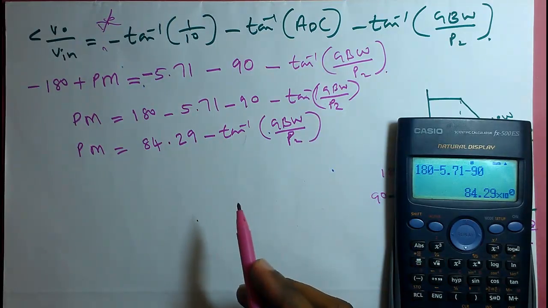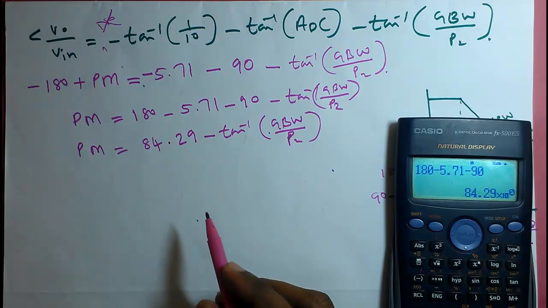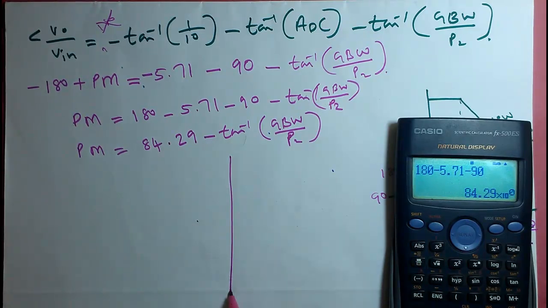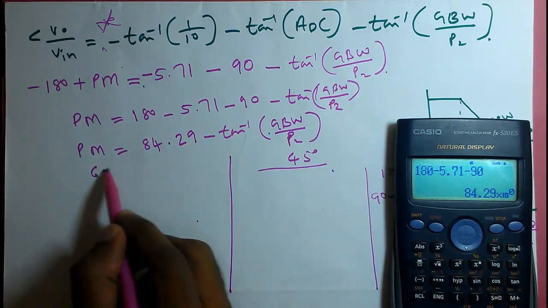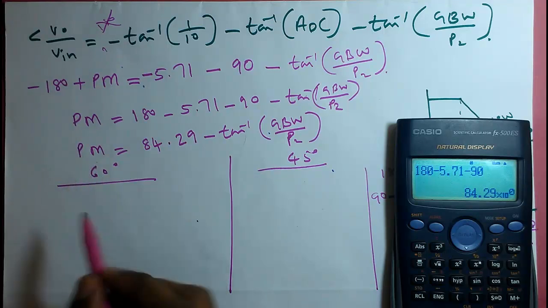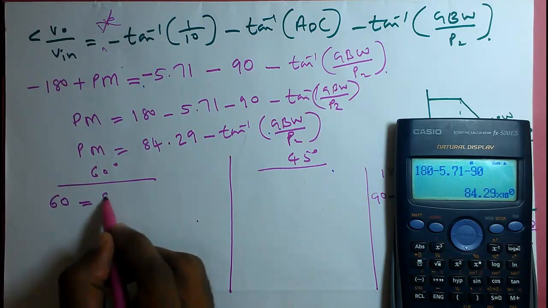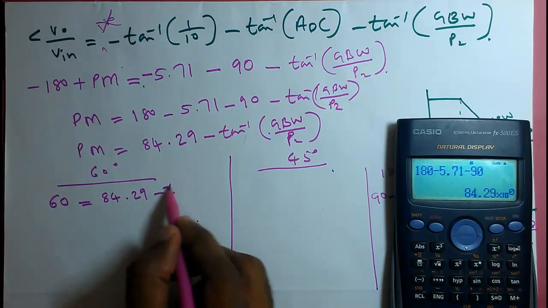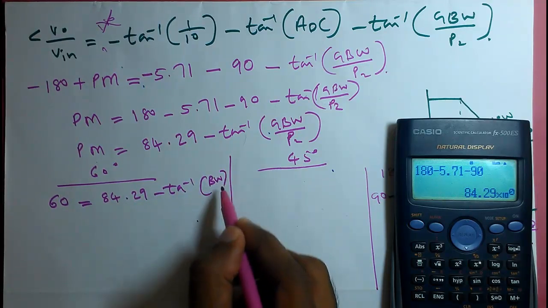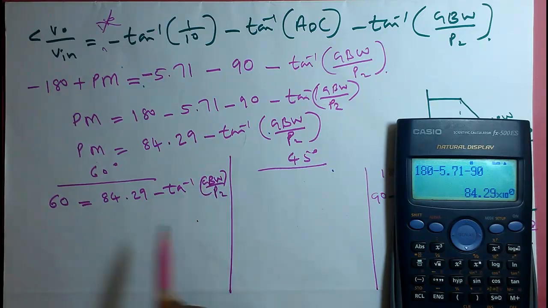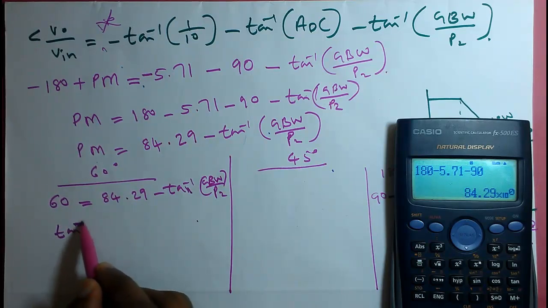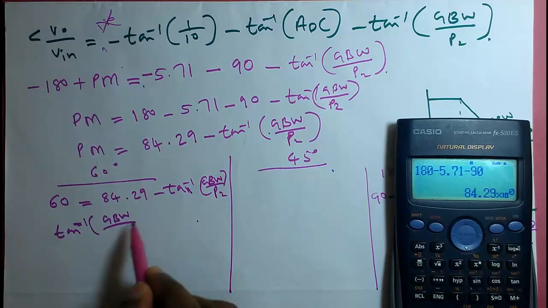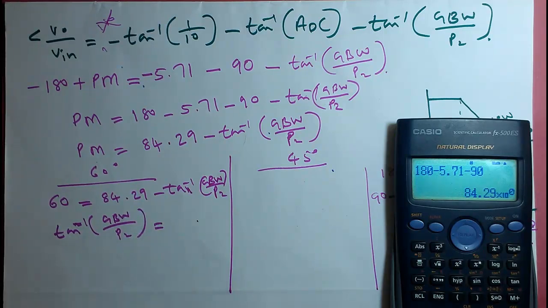Now we calculate the condition for a phase margin of 60 degrees. We will calculate that for 45 also. Here we calculate for 60 degrees. If phase margin is 60 degrees, you can put 60 equals 84.29 minus tan inverse gain bandwidth by P2. So you can take this tan inverse to this side: tan inverse gain bandwidth divided by P2 equals 84.29 minus 60.